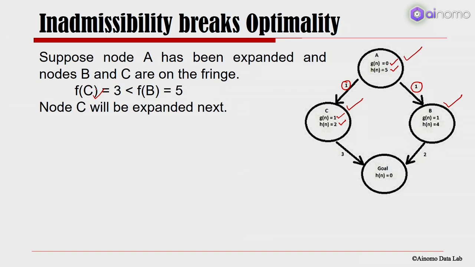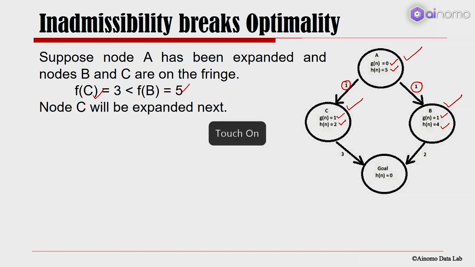And if I look at B, the cost is of course 1, but the heuristic estimate that I make of going to the goal is 4, making the total cost of node B as 5. So in this current scenario, node C will be expanded next. So we expand node C. That is what will happen.